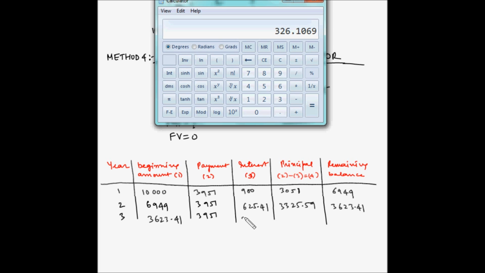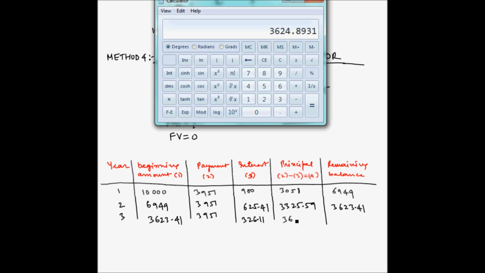So we get 326.11. Principal will be 3951 minus 326.11. So this we'll consider negative, and plus 3951. Now ideally this number should be the same as this number, because this is the principal to be paid and we have to pay it off by the end of the third year.